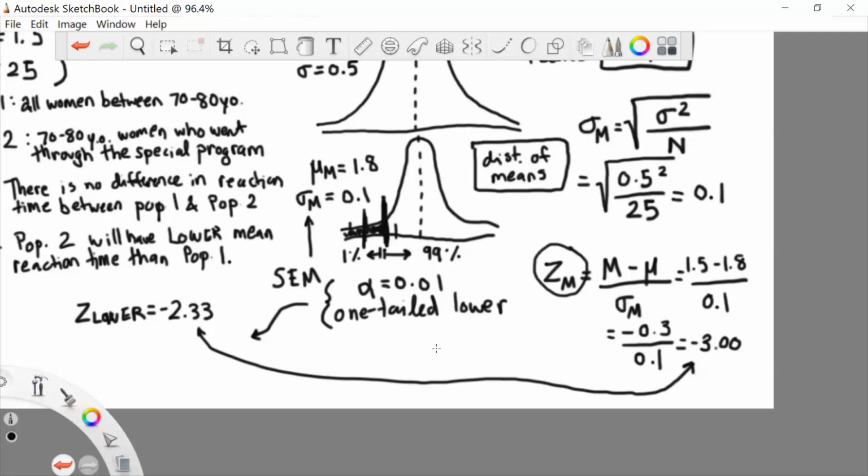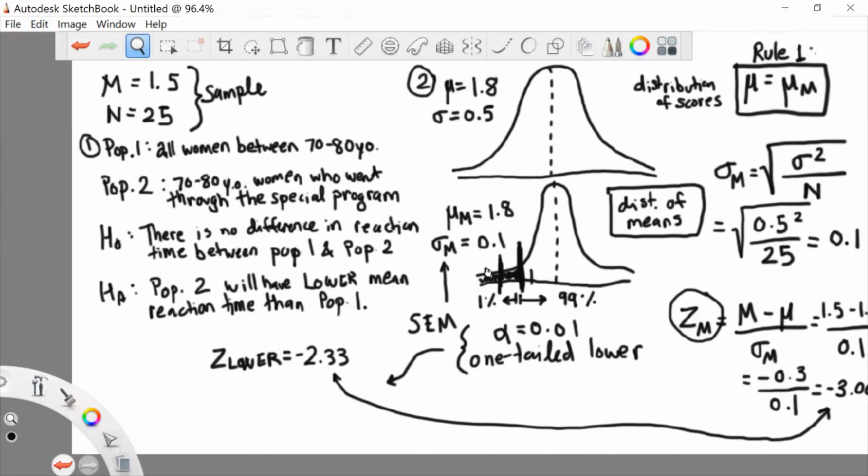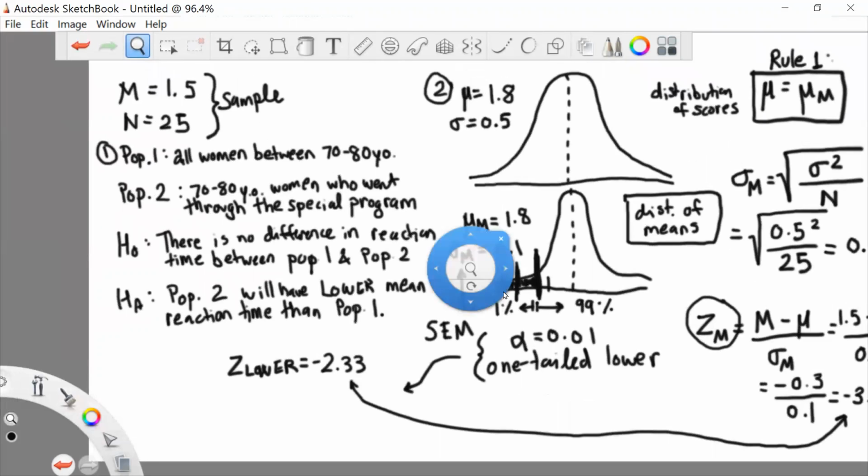And before I let you guys off to do a problem on your own, I want to quickly go back to the beginning of the problem at part 1, where we stated the alternate hypothesis and null hypothesis in terms of words.